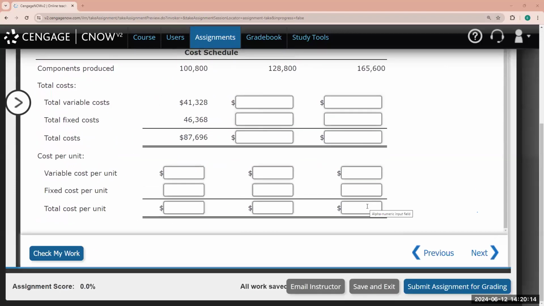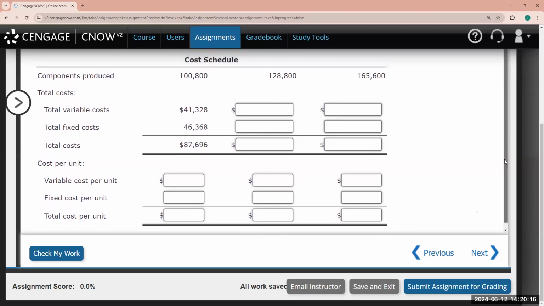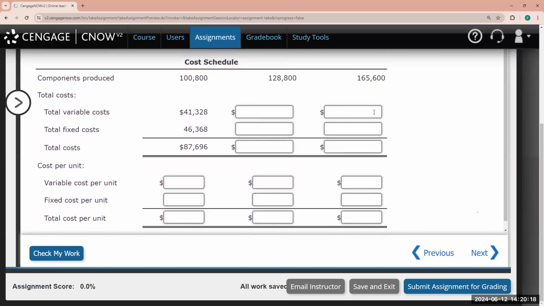So based on this information, we scroll down. Here we have our cost schedule. One key thing that we keep in mind is that our total variable cost is dependent on the number of components produced. So I'll put this information here to the right.